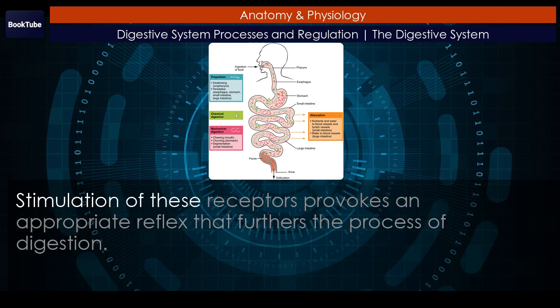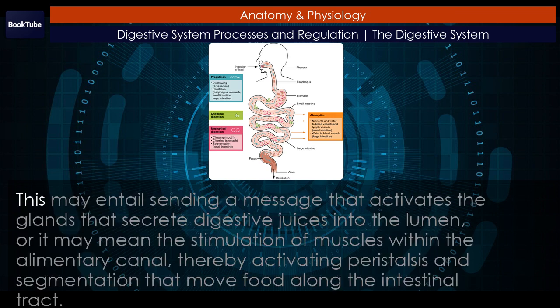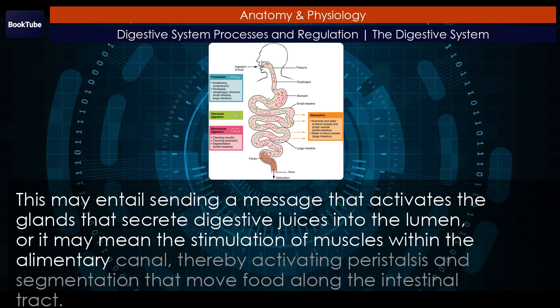Stimulation of these receptors provokes an appropriate reflex that furthers the process of digestion. This may entail sending a message that activates the glands that secrete digestive juices into the lumen, or it may mean the stimulation of muscles within the alimentary canal, thereby activating peristalsis and segmentation that move food along the intestinal tract.